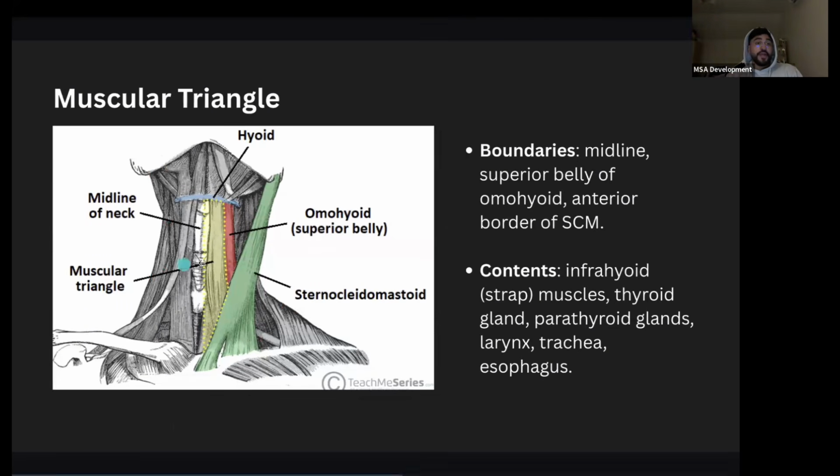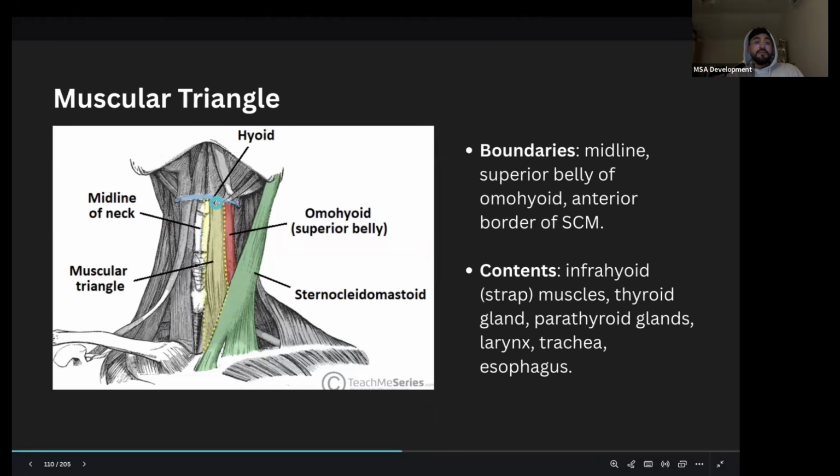Now, the last triangle is going to be your muscular triangle. Okay. The boundaries of the muscular triangle, first of all, if you see it right here, medially, it's going to be the midline, the superior belly of the omohyoid, and then you'll have the anterior border of the sternocleidomastoid inferiorly.